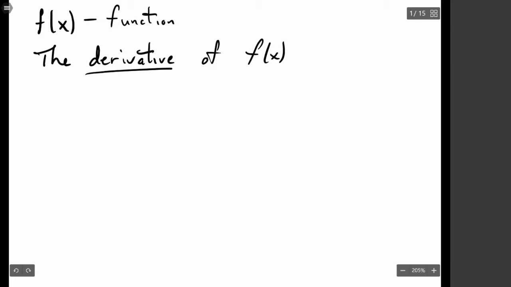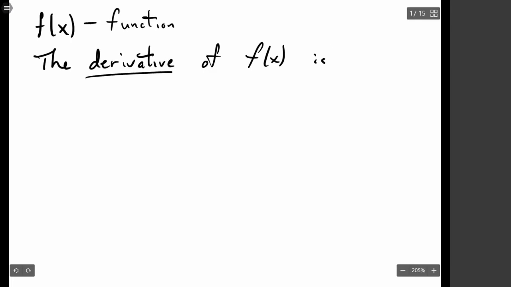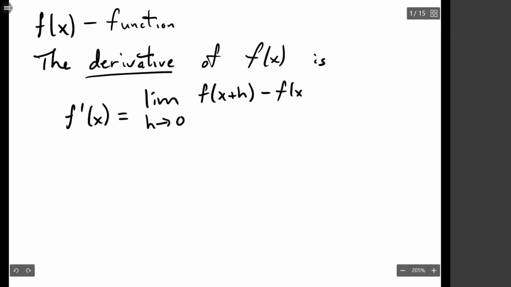Right, so the derivative of f of x, we write this as f prime of x. Okay? And this is the limit as h goes to 0 of f of x plus h minus f of x over h. Okay? So here, notice we still have the variable x. We're not actually plugging in a number anymore. So your final answer here should still have x's at the end.